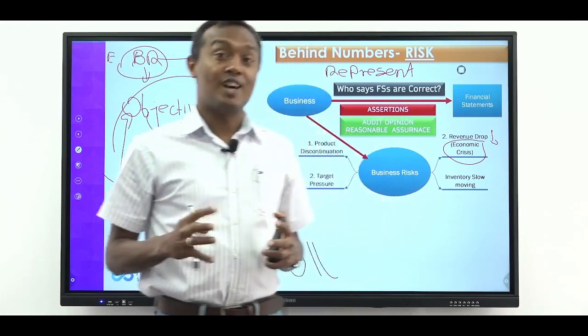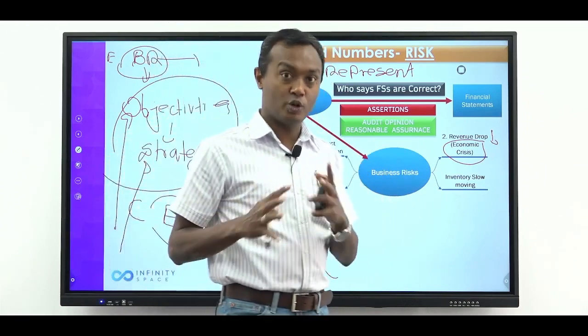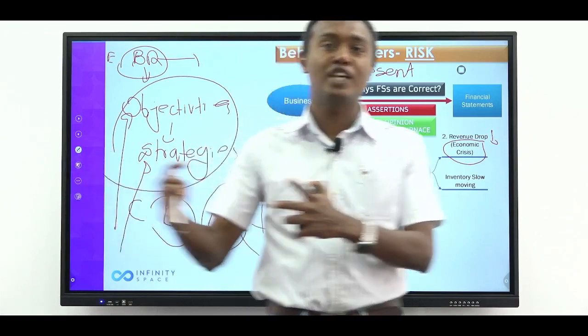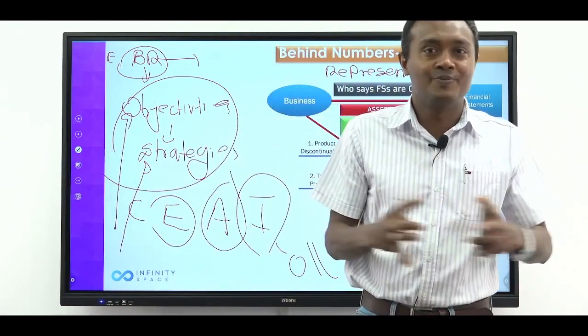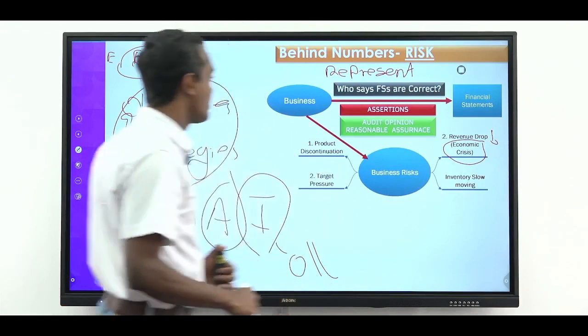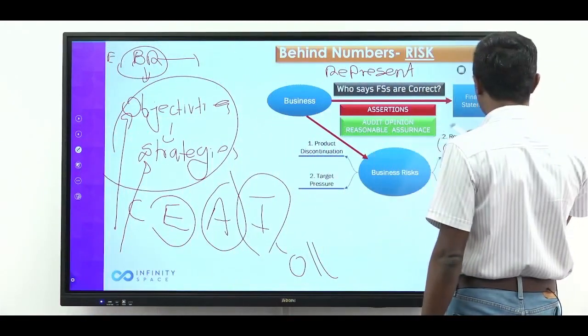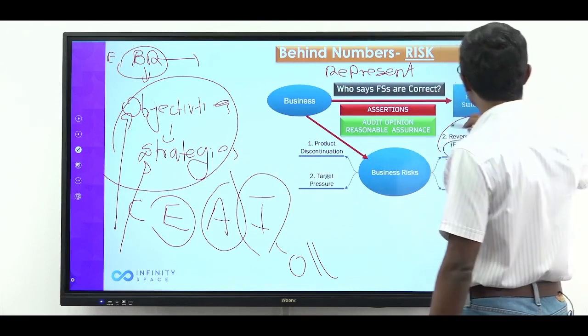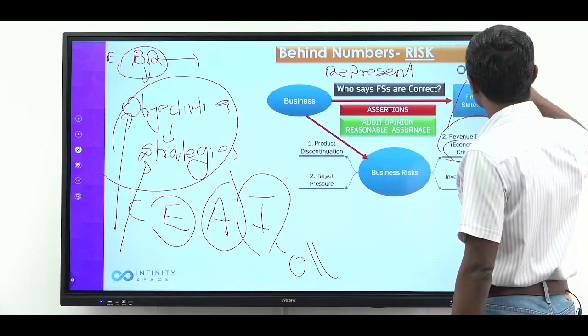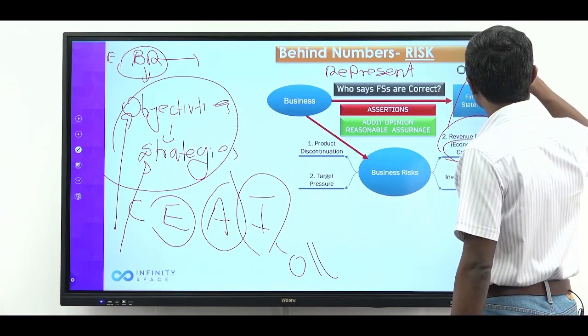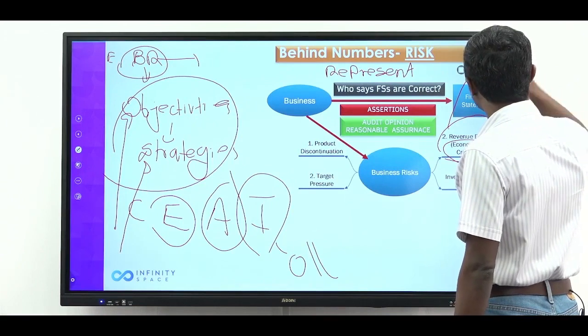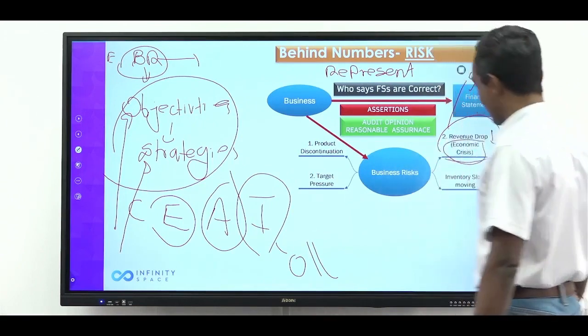So this subject is a wonderful subject where you connect risk management to financial reporting. Okay, so the revenue drop, how can it affect my assertion? It may be the cut-off assertion because now management is under pressure. Is there any shortcut where we can still achieve our revenue target?